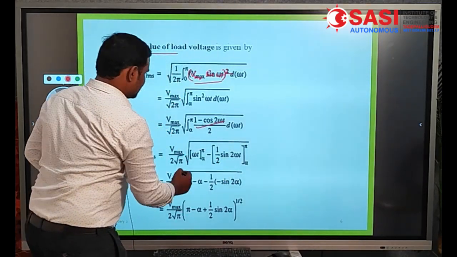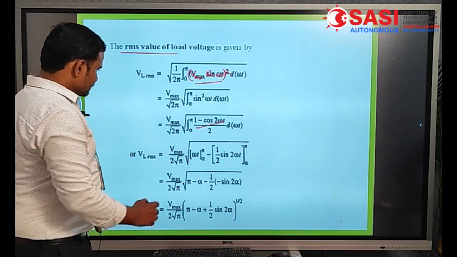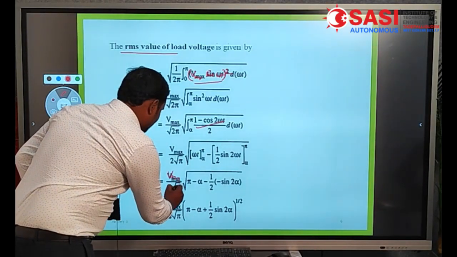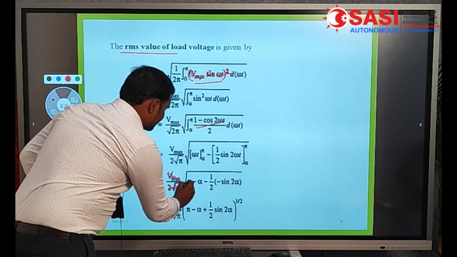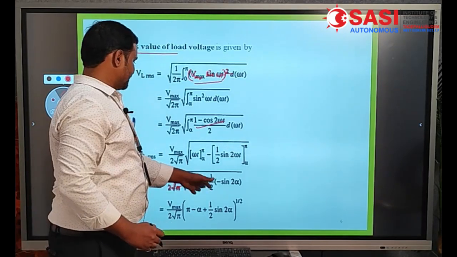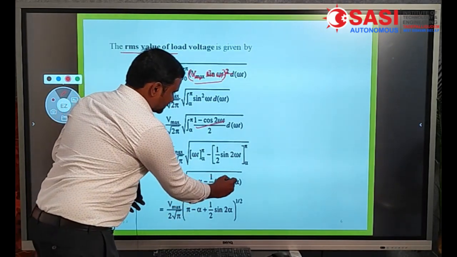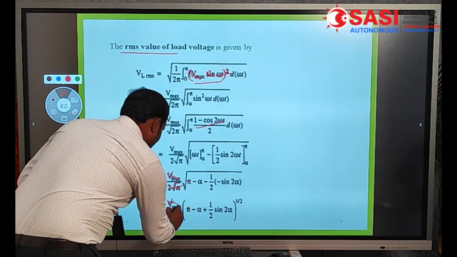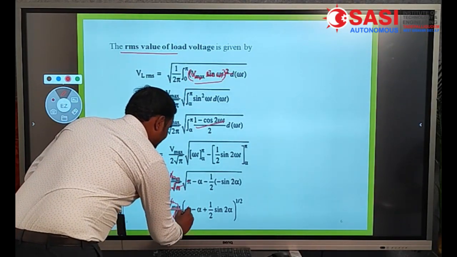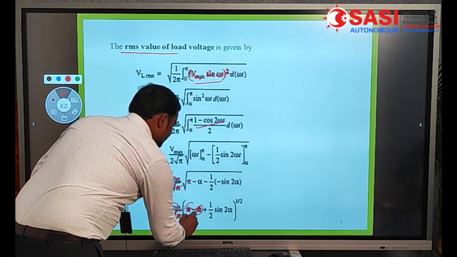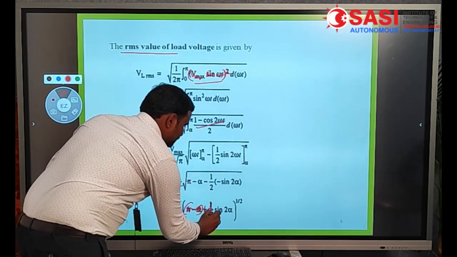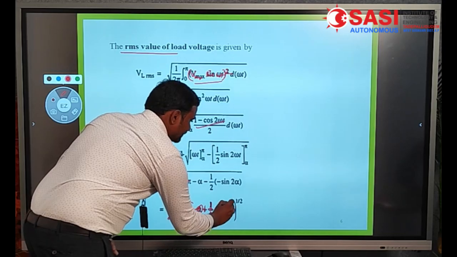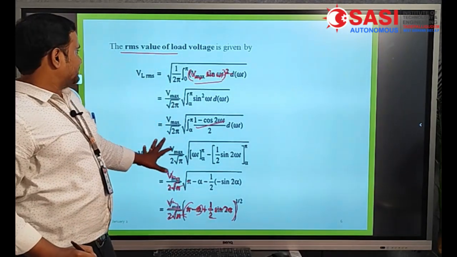You can take the 2 outside, so you will get Vm by 2 root of pi minus alpha plus 1 by 2 sin 2 alpha. This is the final equation for the RMS voltage.